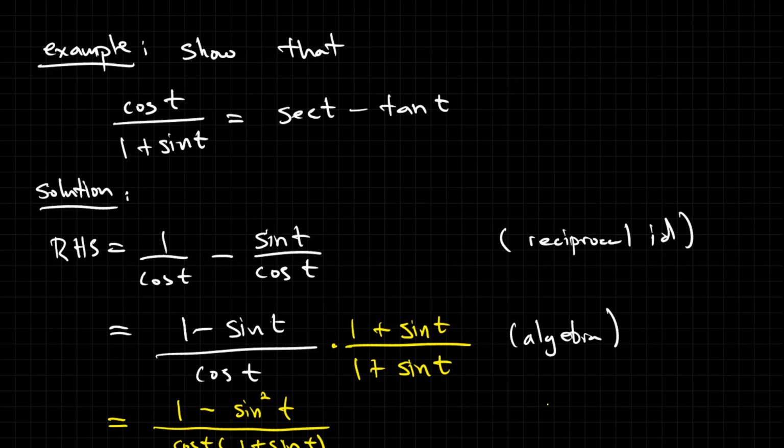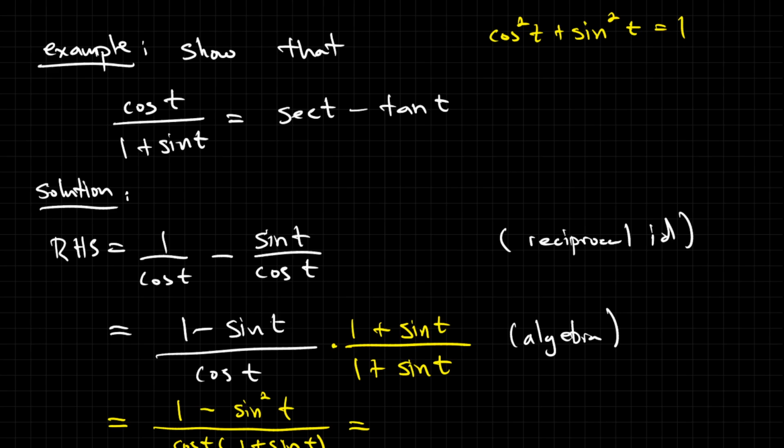So let's go ahead and see what happens before I add this to our toolbox here. 1 minus sine squared t. Well, what is that? Well, we know that cosine squared t plus sine squared t is 1. So 1 minus sine squared t is cosine squared t.